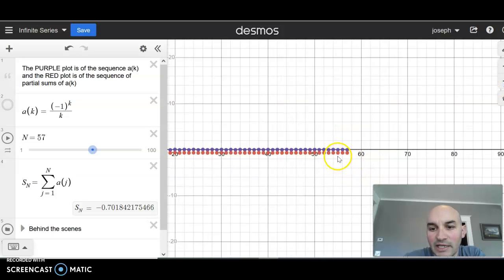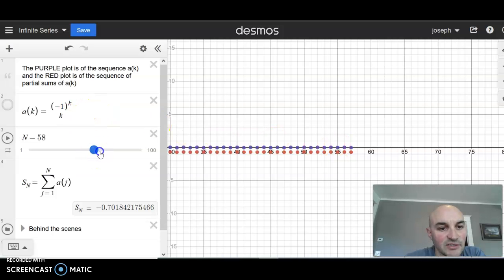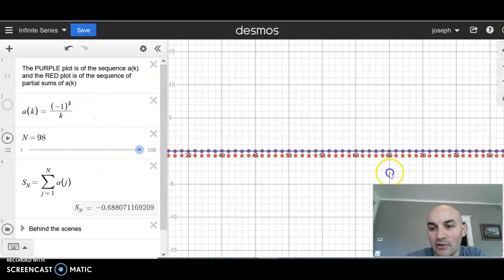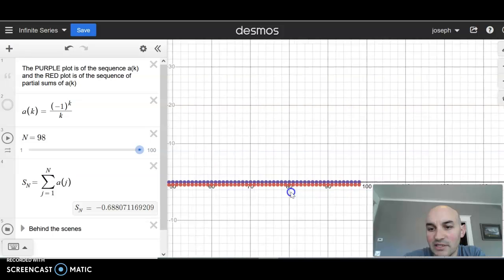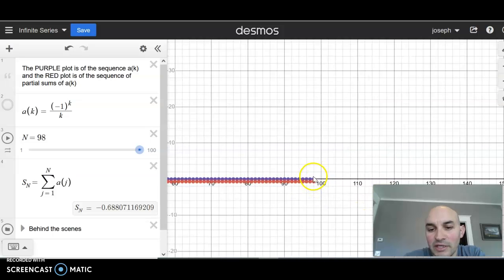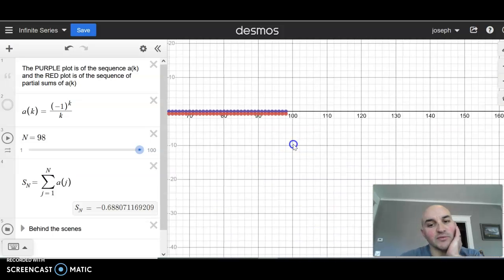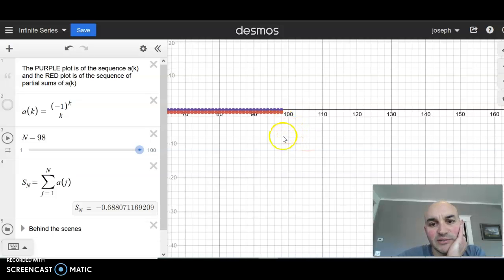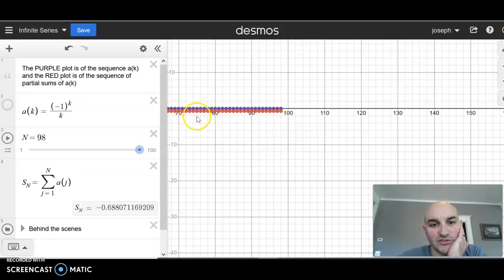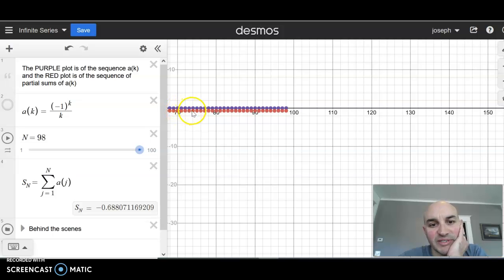Again, I'm going to continue to increase n and watch that grow. And it looks to me as though, in a similar way to when we were looking at sequences over these last few weeks with that epsilon strip activity, where we were looking at that one line, in this case the purple, the sequence, we were saying it looks to be convergent.